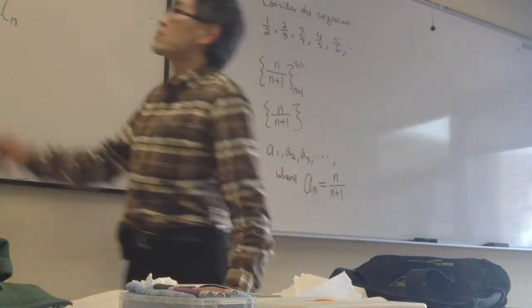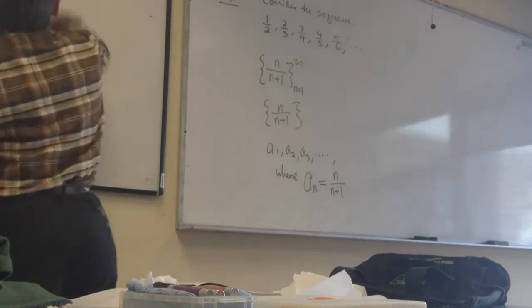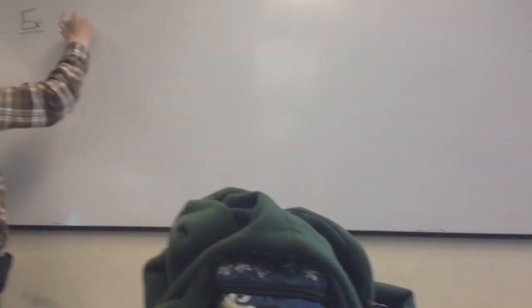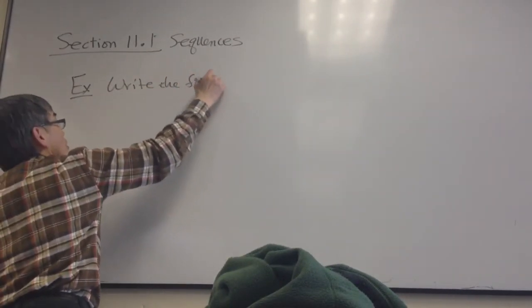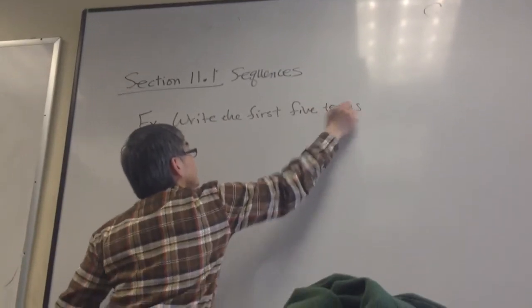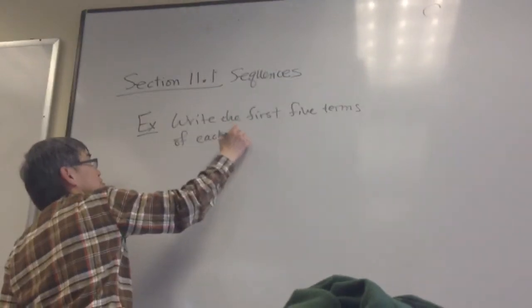Now, just to make sure you understand what we're talking about here, let me give you a few examples to work on. Example: write the first 5 terms of each sequence.